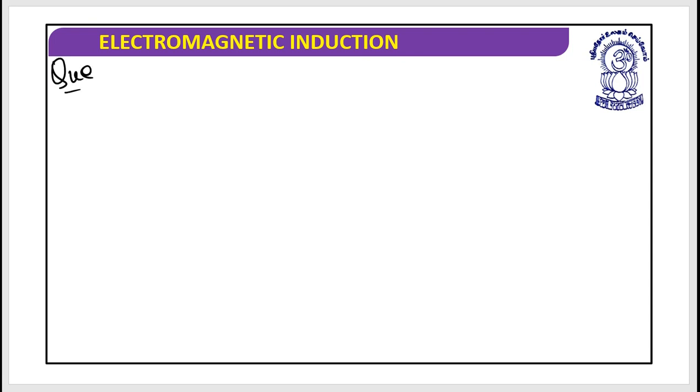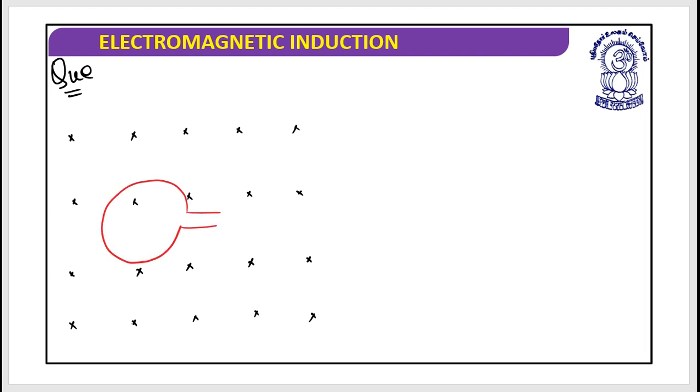Let's look at this question. Let's suppose the situation is that this is the magnetic field, and the magnetic field is inside the plane of the paper. Now a circular loop is there, and it has been connected like this.